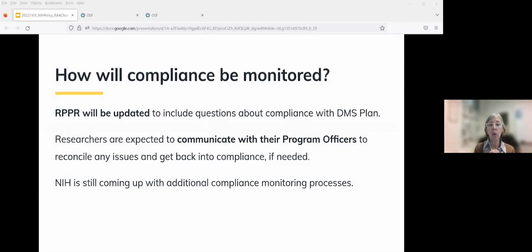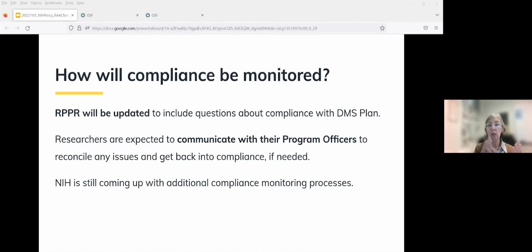But we expect that the RPPRs will be updated to include some questions about compliance with the data management and sharing plan. So for example, in the instance of a semi-annual submission to the NDA, there might be some field that allows for a connection or an identifier of that information having been put in.